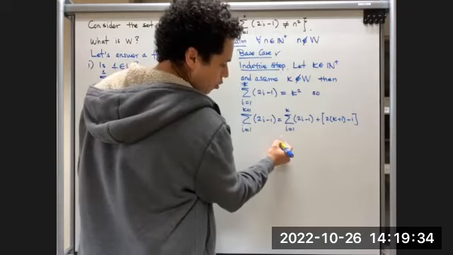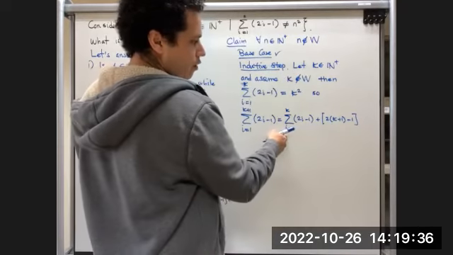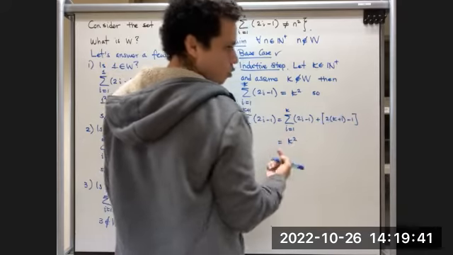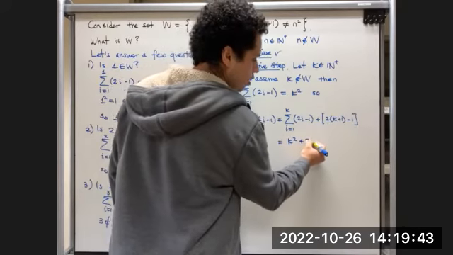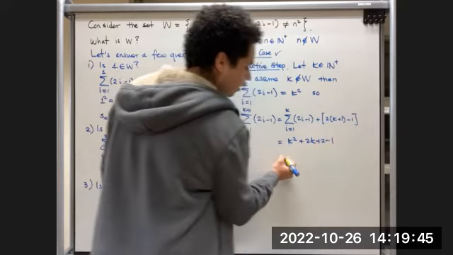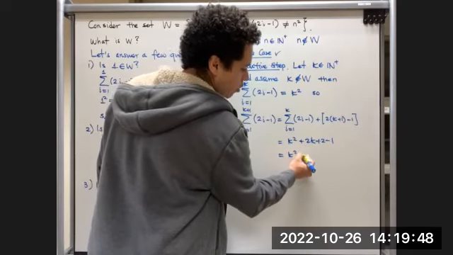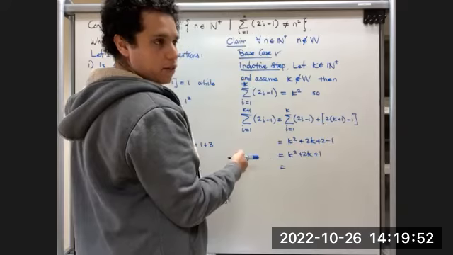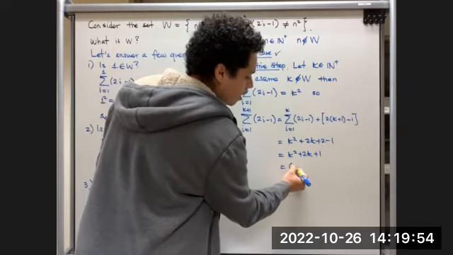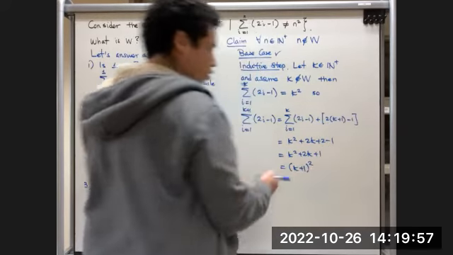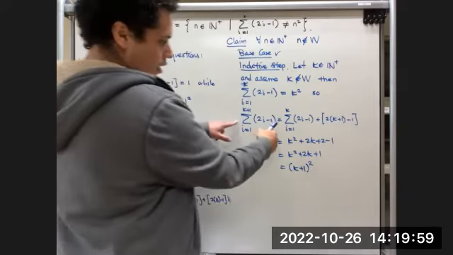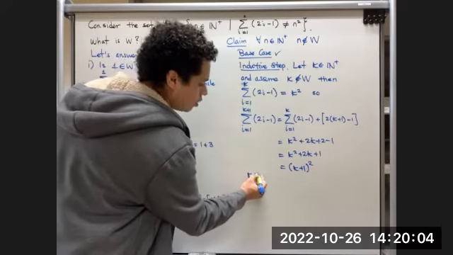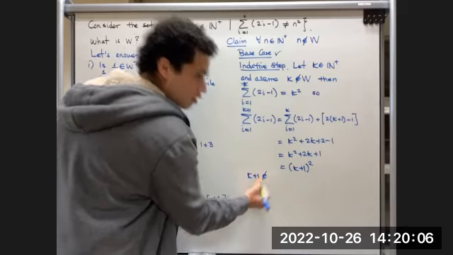Now we have the assumption that the sum is k squared. For this term, we can just do some algebra, and we get 2k plus 2 minus 1, which of course reduces to k squared plus 2k plus 1, which we can easily identify as a binomial squared, which is k plus 1 squared. So indeed, what this says is that this expression is actually k plus 1 squared. In other words, k plus 1 is not a member of W.